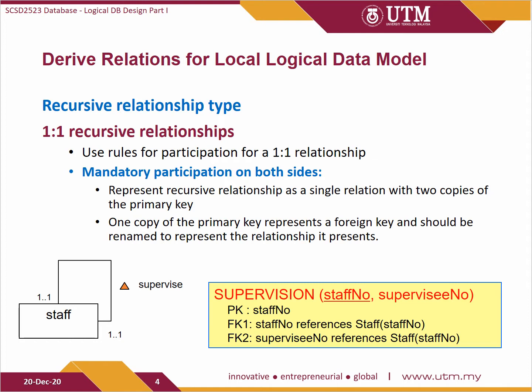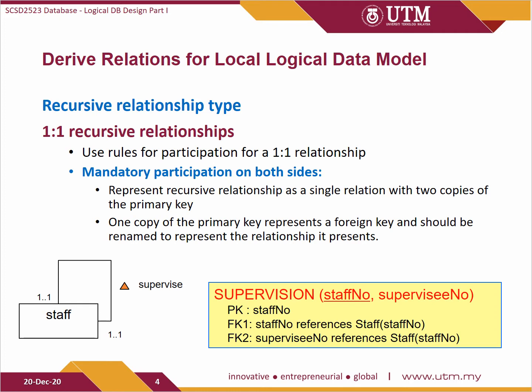For this slide, it's showing mandatory participation on both sides. It represents the recursive relationship as a single relation with 2 copies of the primary key. One copy of the primary key represents a foreign key and should be renamed to represent the relationship it presents.